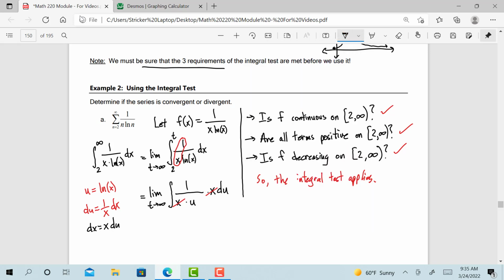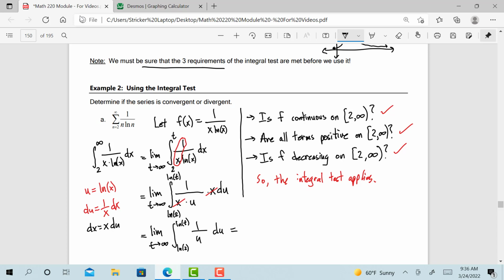Since u is equal to ln of x, our lower limit is now going to be ln of 2, and our upper limit is going to be ln of t. And so this is going to be, just clean it up a little bit, the integral from ln of 2 to ln of t of 1 over u du.